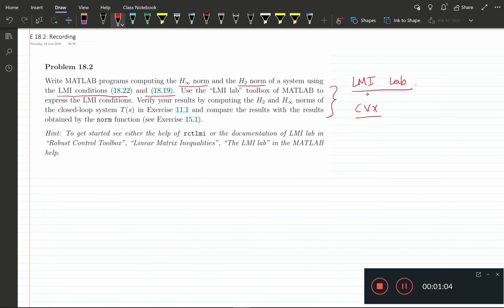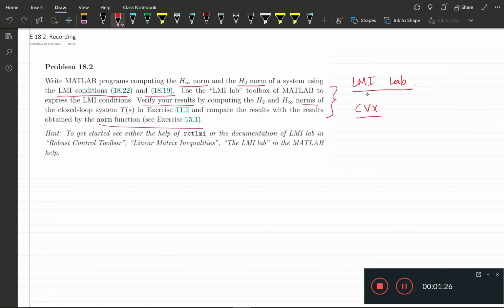But we encourage you to try both. In this exercise I will demonstrate using CVX. Once we do that, we have to verify the results by using the norm command in MATLAB.